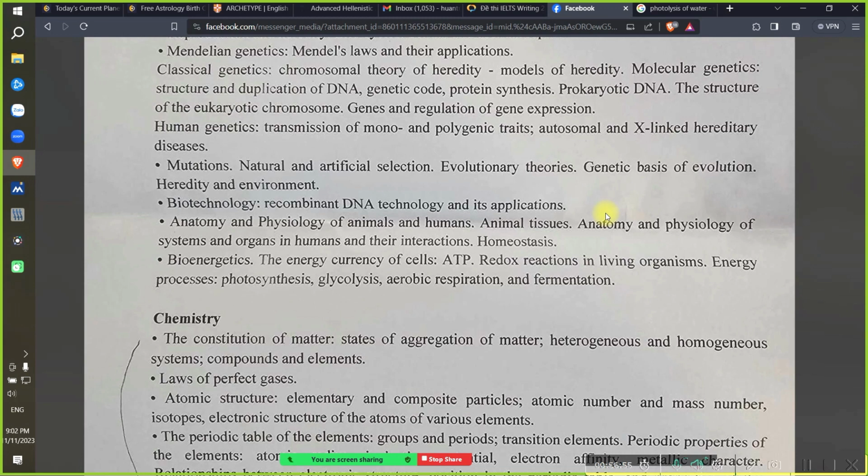It lost electrons to reduce into NADPH. And some of the energy that is transferred by light is used to make ATP in here. So we have ADP plus phosphate group. It's going to form ATP.